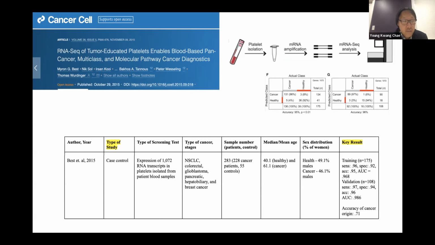RNA-seq is cheaper than DNA sequencing. So who knows who's going to win? And this combined with DNA methylation may be much more accurate. But this was published in 2015. Yeah, it was a while ago.